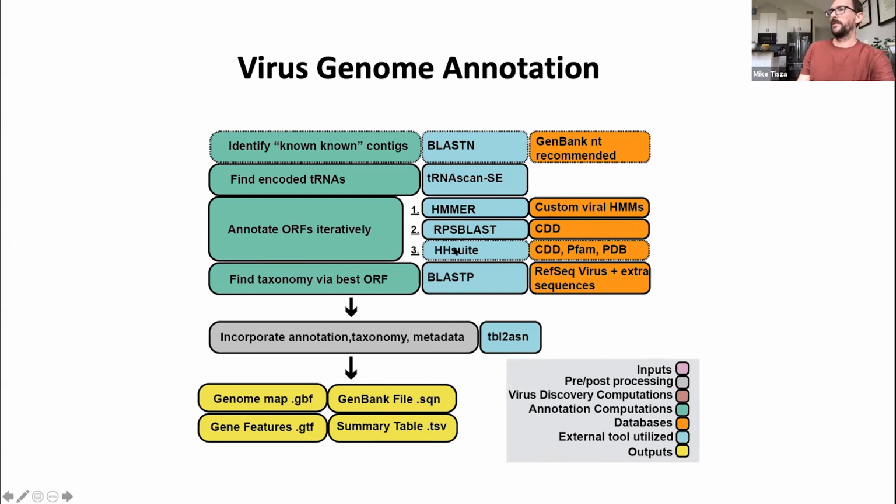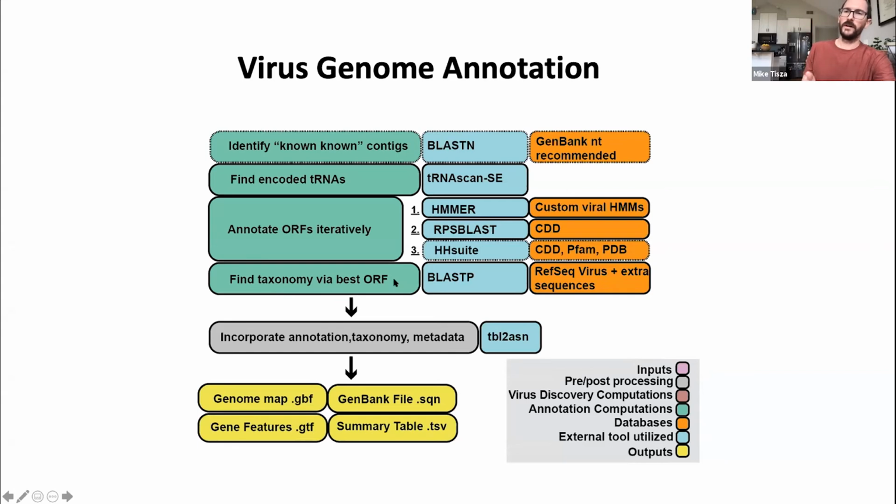And after all of the annotations are in, Cenote-Taker2 will do taxonomy on the contig, and this is probably not as good or as in-depth as some of the things we hear about later in the conference, but basically it uses a strategy to find the best open reading frame.